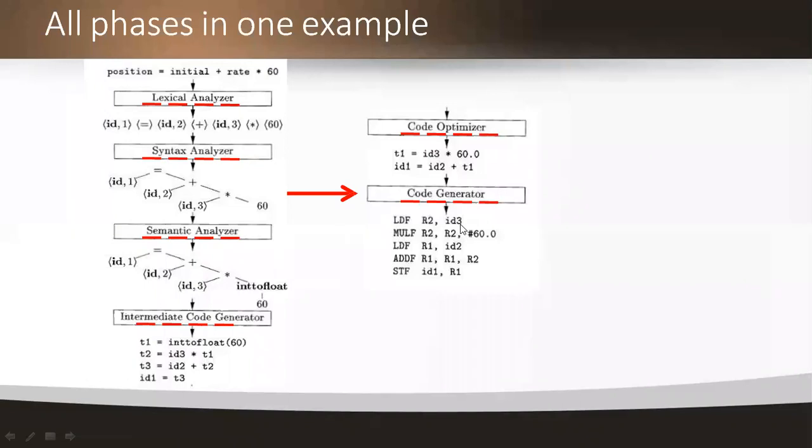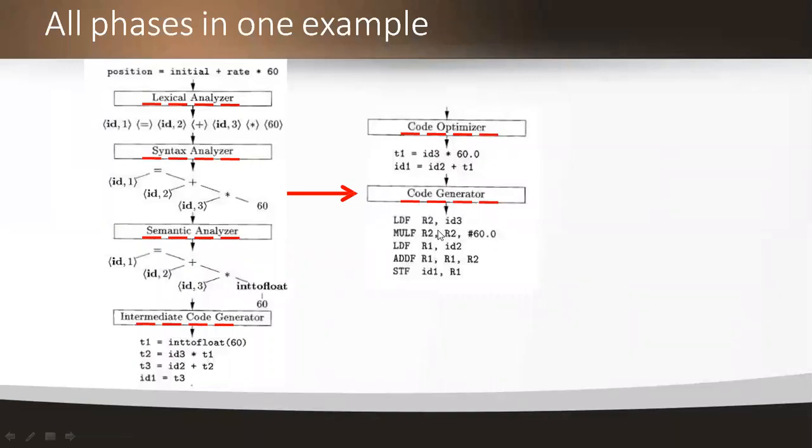Here ID3 into 60. Here the ID3 is stored in register 2, and now we are performing a multiplication with this ID3 into 60.0.